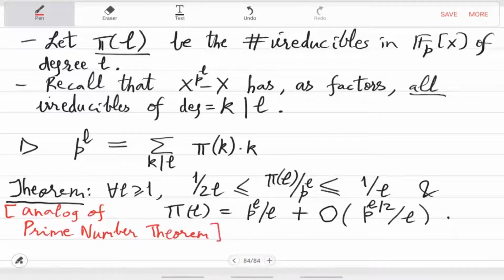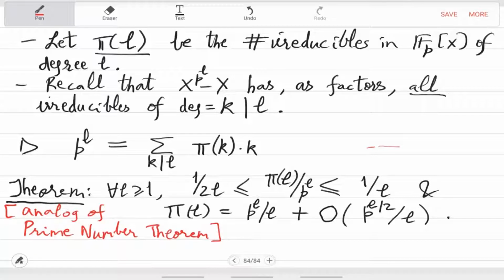It says that the number of degree L irreducibles, in the space of p raised to L polynomials of that much degree, is roughly 1 over L in density. The error term is also very precise, it is roughly the square root of that. So we will show this by invoking this identity.